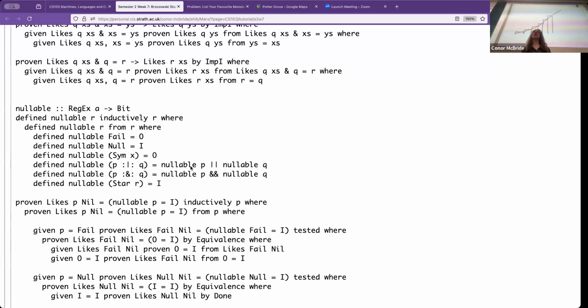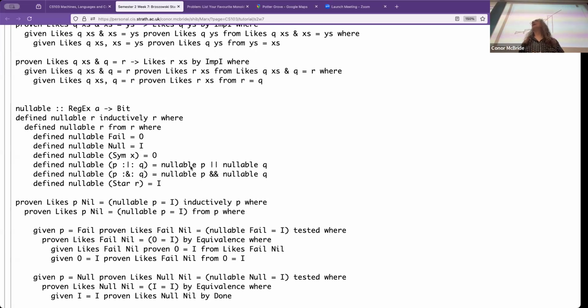Let's remember what the overall mission was. We were trying to write a program which would process a string to see whether a regular expression likes it. And we're being driven by what's in the string, right? The string is either empty or it's got something at the front.